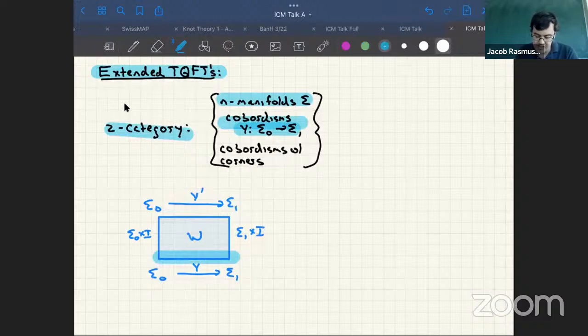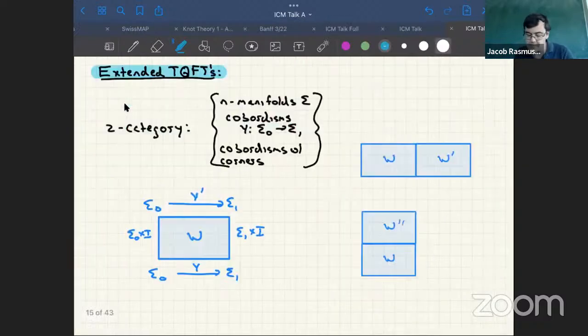So it looks like this. So maybe Sigma is a surface. This is a 4-dimensional manifold with vertical sides looking like Sigma_0 times I and Sigma_1 times I. Okay. And in a 2-category, there are two different ways of composing these 2-morphisms. We can compose horizontally.